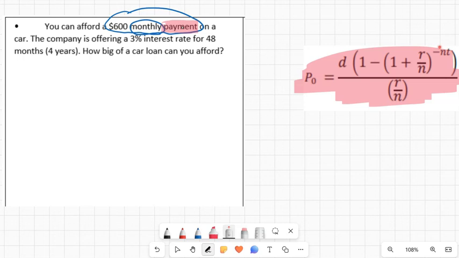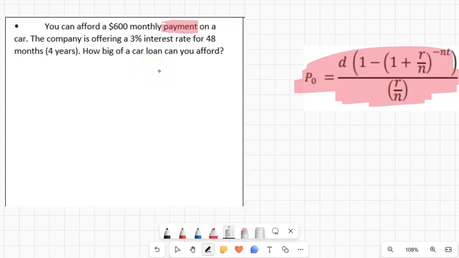The money you borrow from the bank to buy this car decreases over time until you finally pay off the car, and then the money that's borrowed from the bank is zero. So it starts off with the price of the car and decreases each time you make a monthly payment until it goes to zero. This negative exponent is what creates that decrease model that works well for this situation.